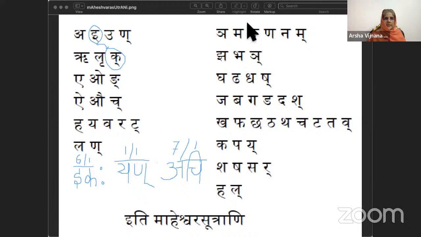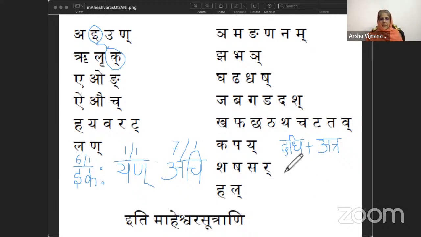So the illustration would be something like this. Let's see here. Dadhi plus atra.